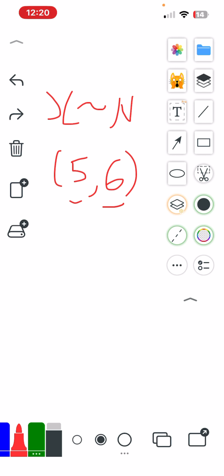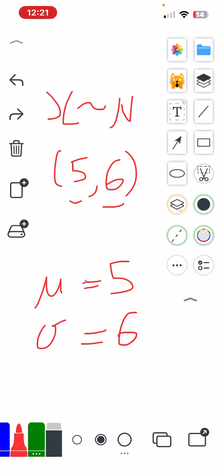To figure out your z value, you sub in the values. Let's say your mean is 5, your standard deviation is 6, and your x equals 17.